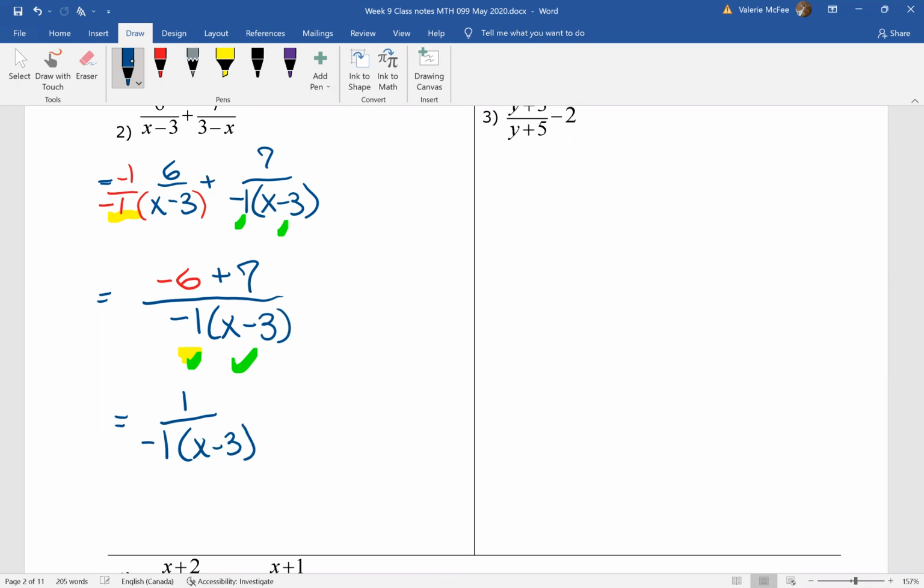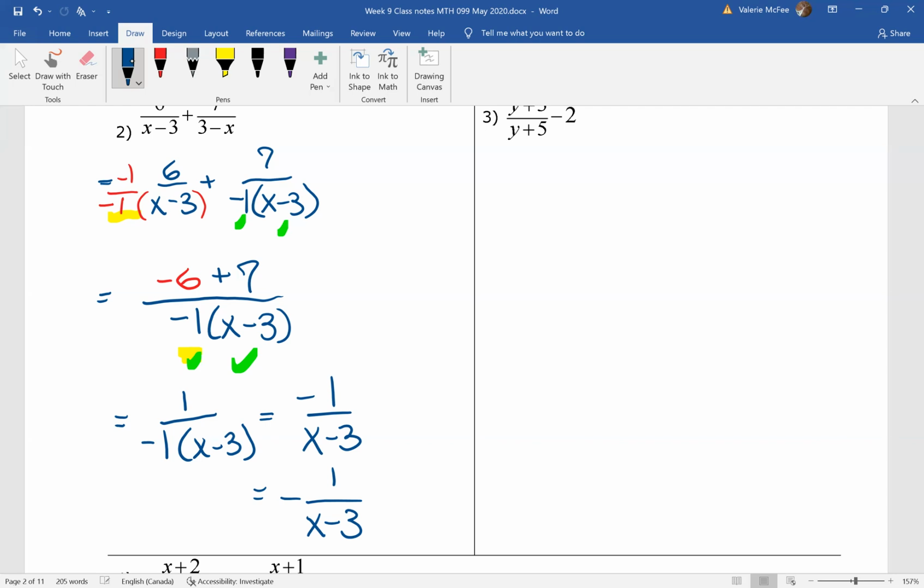I hope you remember that we never leave a negative in the denominator. So we could write this as -1 in the numerator over x minus 3, or we could write the negative outside of our expression. Both of those are fine. What about any restrictions?